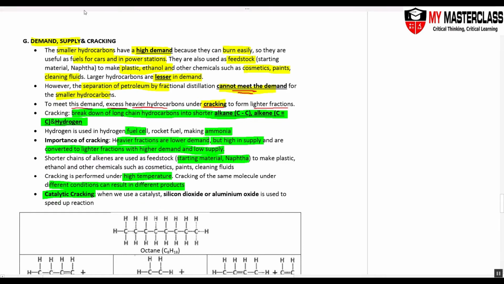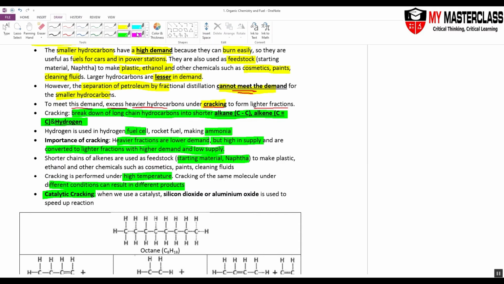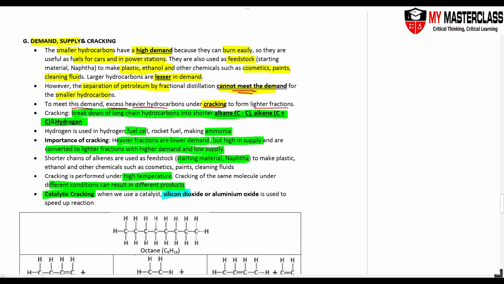Okay, common catalyst, memory work is very, very important. You have to know silicon dioxide, aluminium oxide. Okay, these are the two catalysts that we commonly use for cracking, breaking long hydrocarbon chains into shorter hydrocarbon chains, the shorter alkane, alkene, and hydrogen gas.